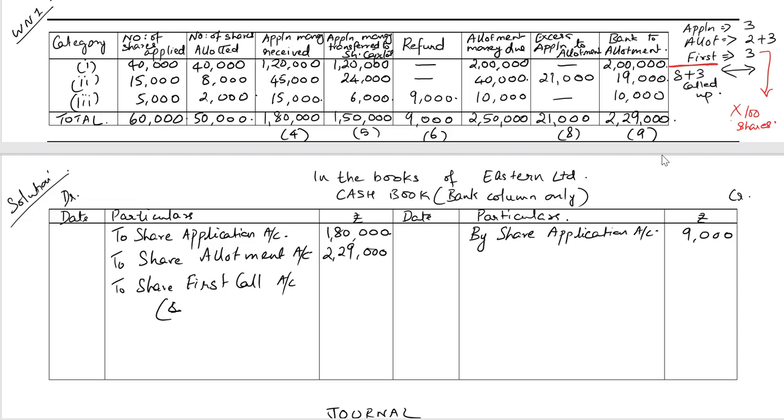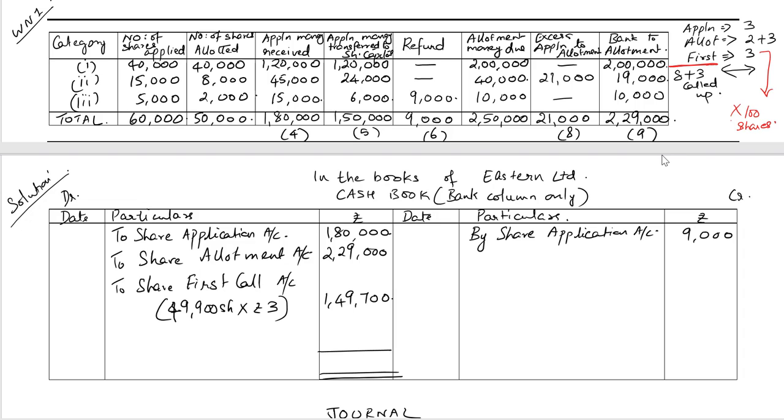So it's 49,900 shares multiplied by rupees 3 per share. Comes up to 1,49,700 rupees. So the second call has not been made. The company has made only up to the first call. So the entries are done.